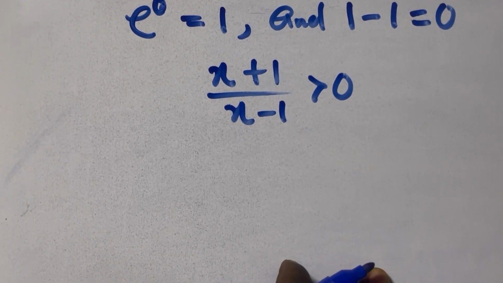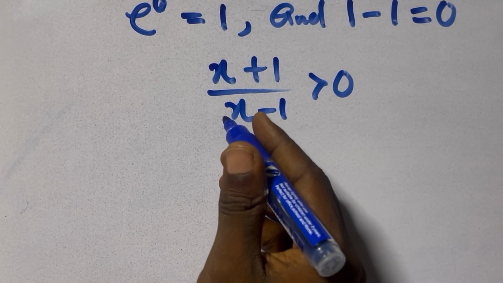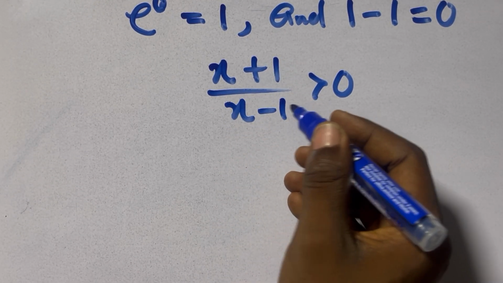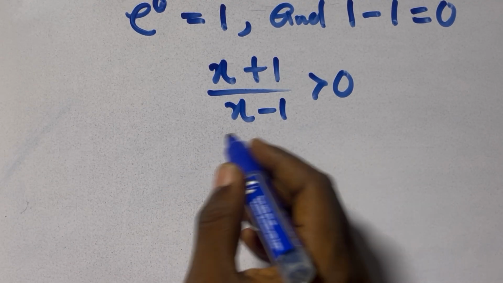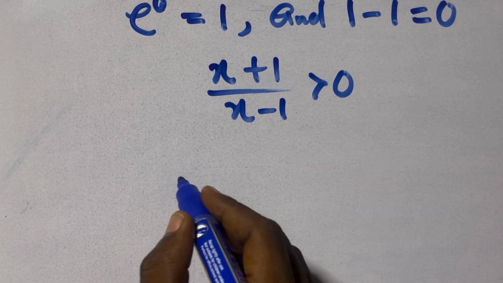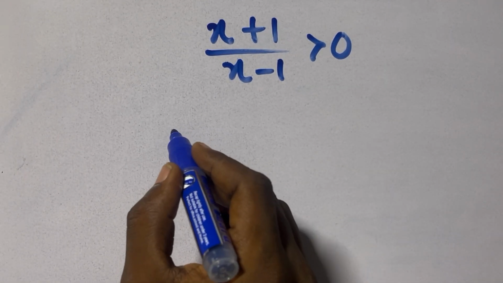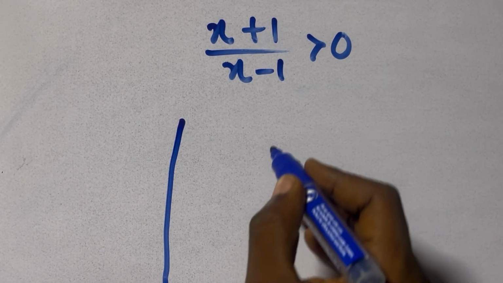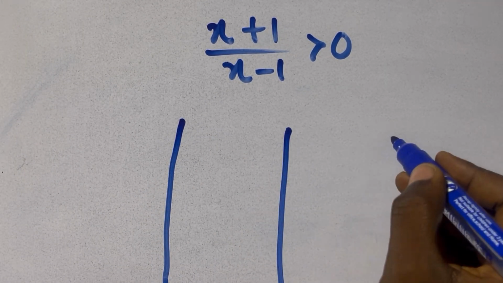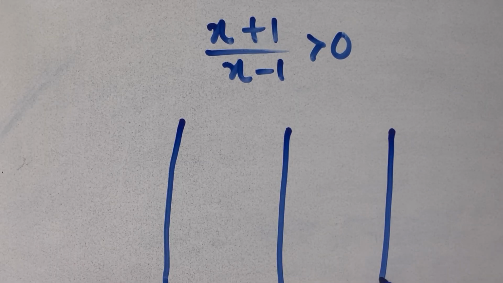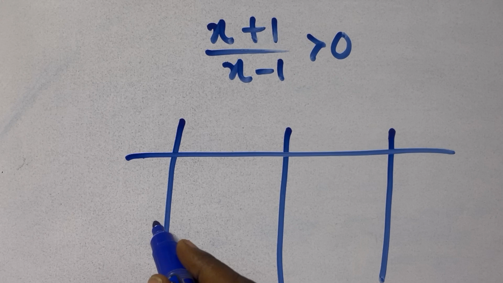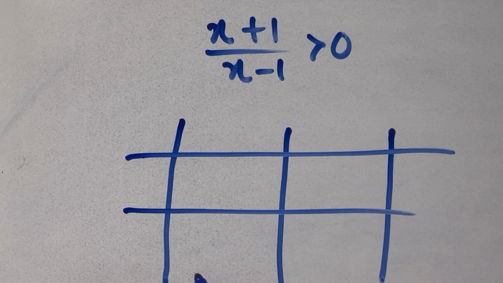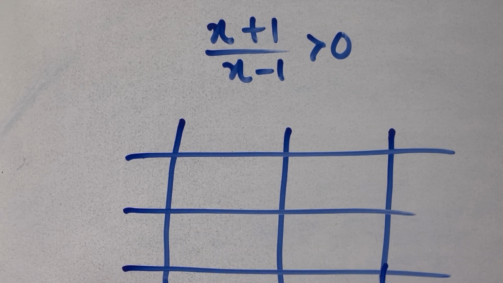If we have it like this, we can easily solve it by making a table with three rows.